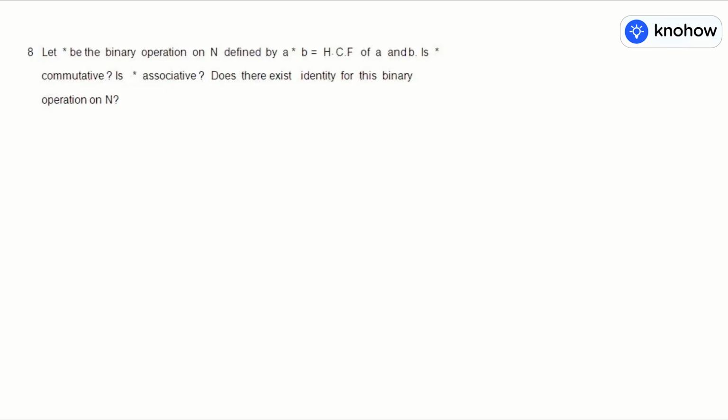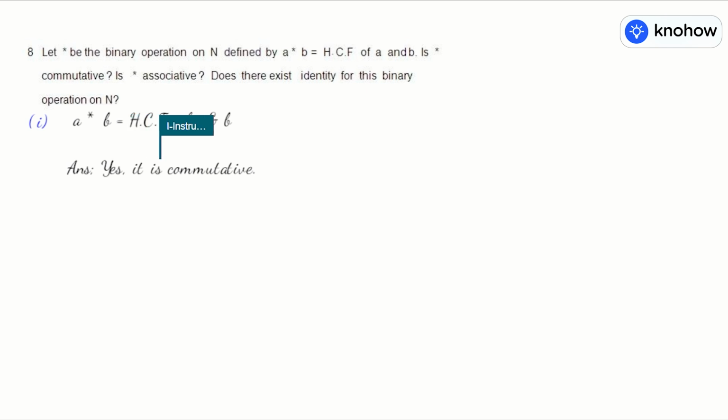Now next is, star is a binary operation on the set of natural numbers such that A star B is HCF of A and B. Now here, first part we have to prove. Let me first define: A star B is defined as HCF of A and B. In the first part he is asking whether it is commutative or not. I say yes, the binary operation is commutative.